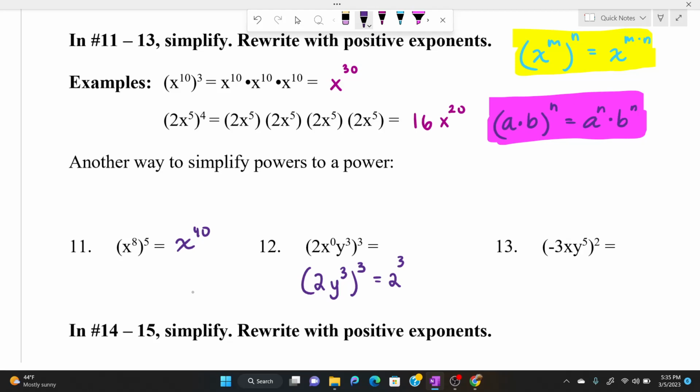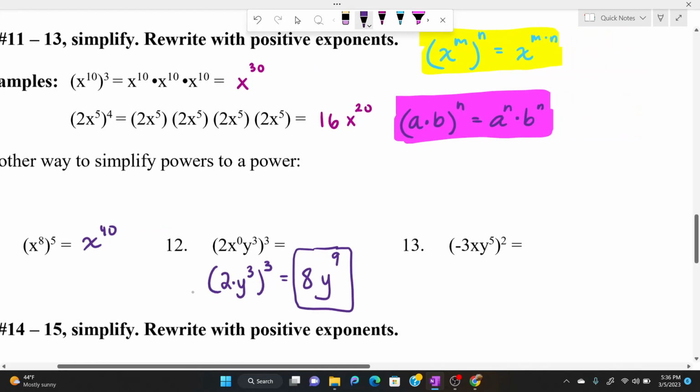So that'll be a product, 2 times y to the third and then raised to the third. So then I'm going to use the rule in yellow for evaluating y to the third to the third. So that'll be y to the ninth. And then 2 to the third is 2 times 2 is 4, times 2 again is 8. So that would be my answer.